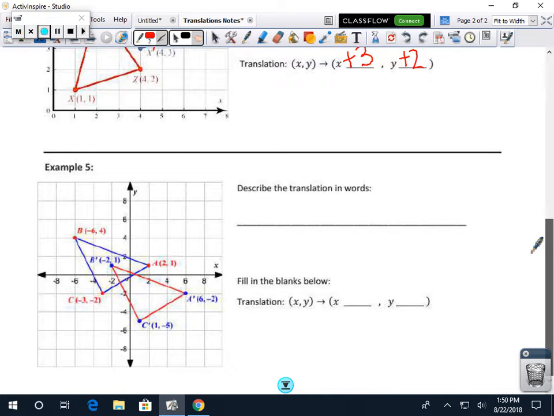Alright, so looking at example 5 here, my pre-image is the blue triangle on the left, and the image is the triangle to the right. Now I do want to point out that these lines are counting by 2s.